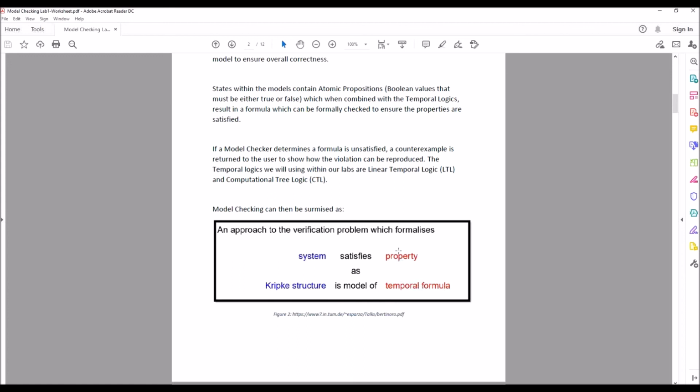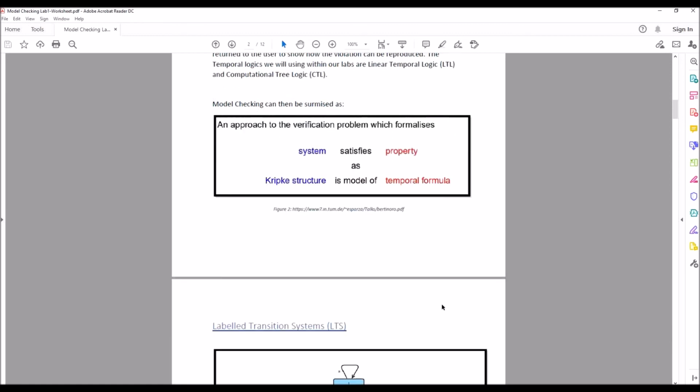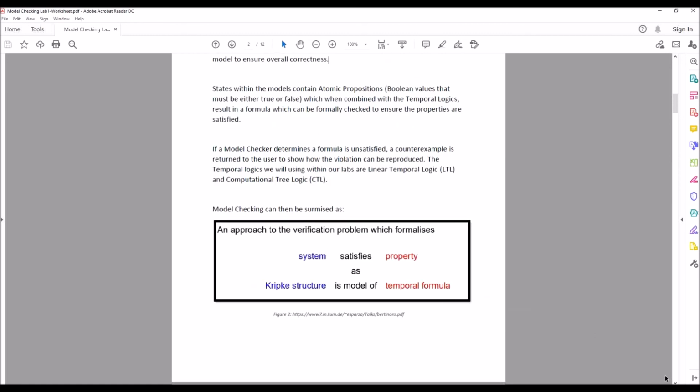So in the system we can have a Kripke structure, a labeled transition system, etc., that is a model of, or satisfies, the property, and this can be represented as a temporal formula, using PLTL or CTL in combination with atomic propositions. So this is what we will be doing in our next few sections. Thank you.